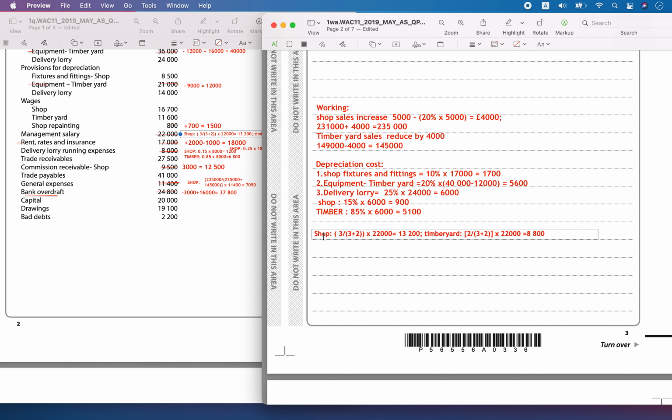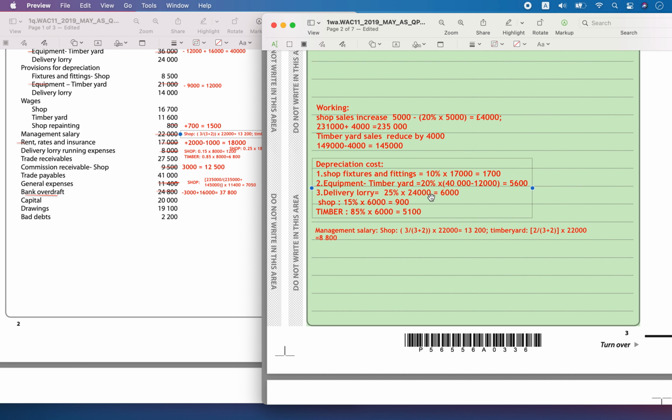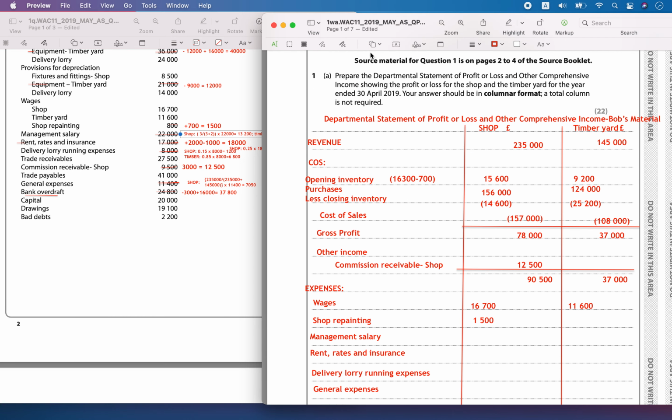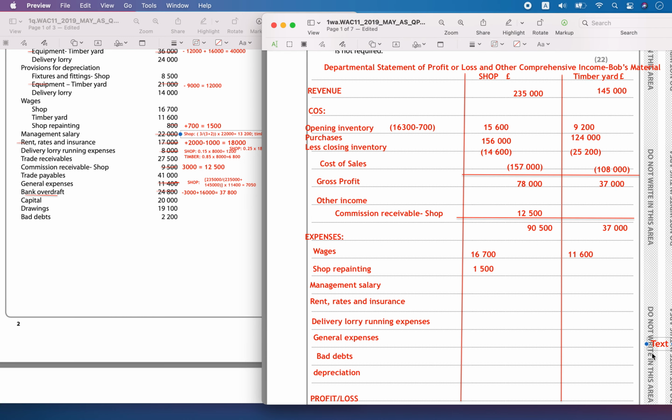This is the apportionment for the management salaries: 13,200 and 8,800.